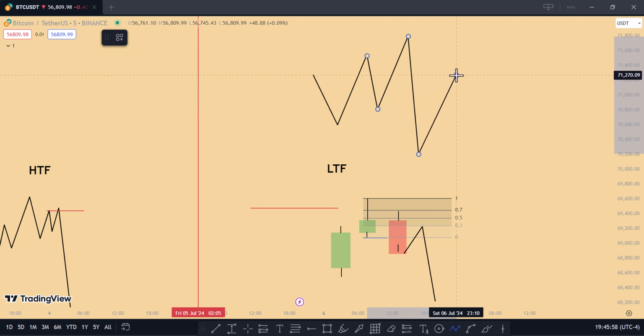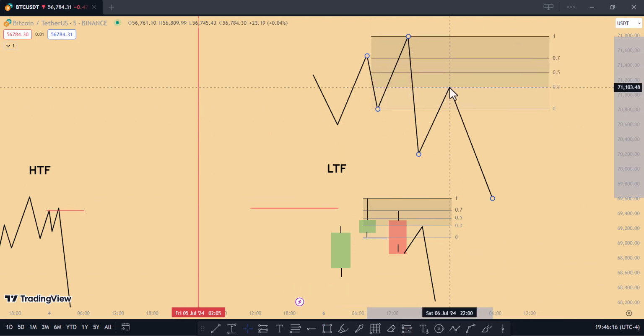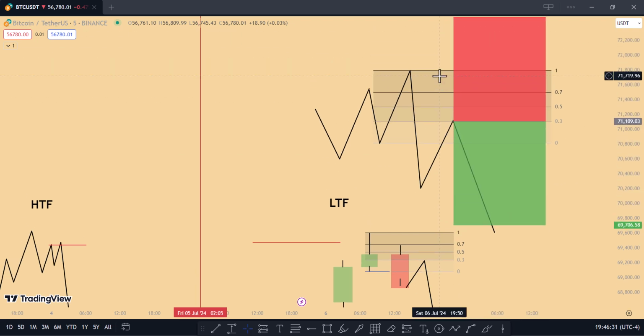Also, don't wait for those deeper mitigations. Most of the time it won't happen. We are trading with the higher time frame. The bearish momentum is too strong, so you will not get those deeper mitigations. 30% is more than enough for a pullback to the zone. And here you can take your entry.